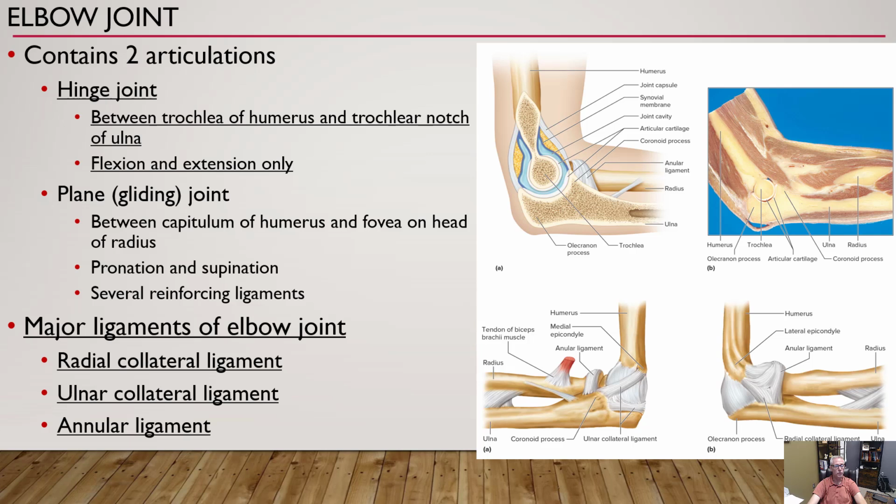The elbow joint contains two articulations. One is a hinge joint between the trochlea of the humerus and the trochlear notch of the ulna. So humerus and ulna.